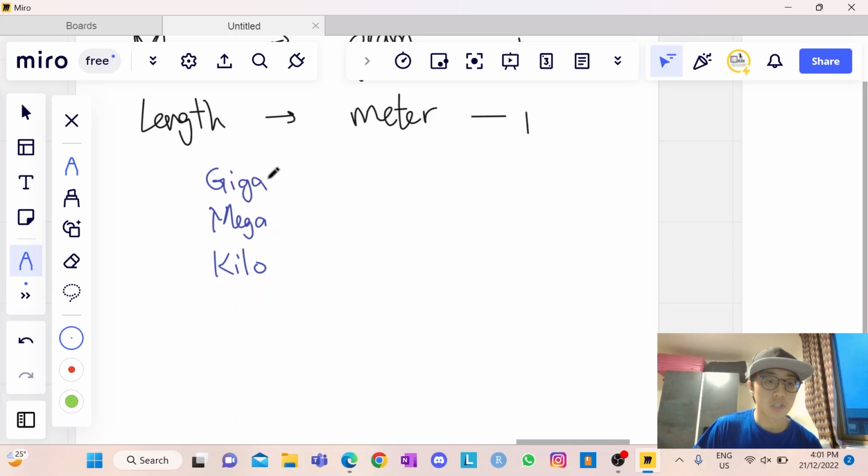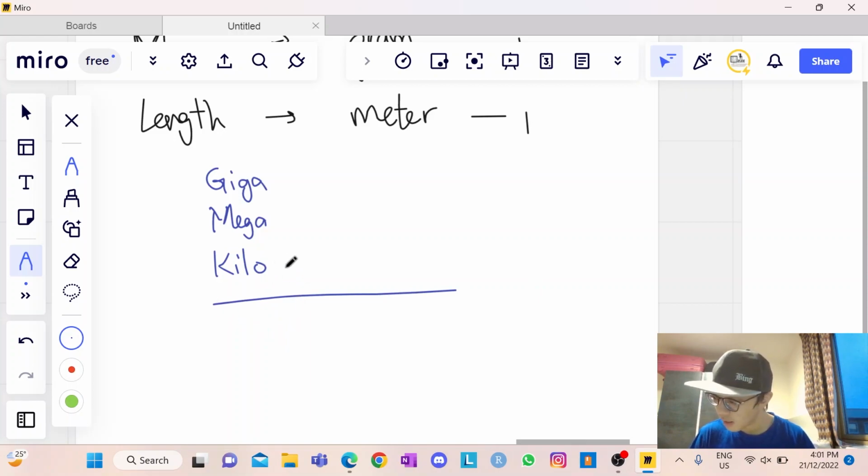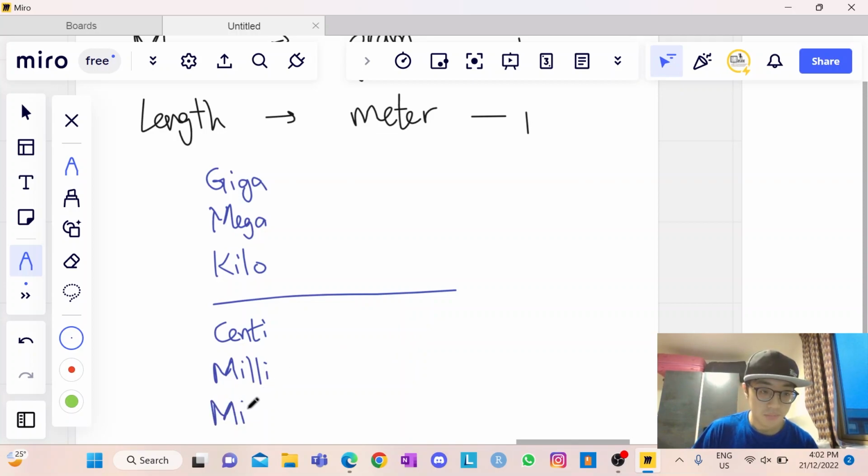I think we will just move all the way until giga. And this is the base unit. And of course, we will have centi, milli, and micro. We're just going to go all the way until this part.